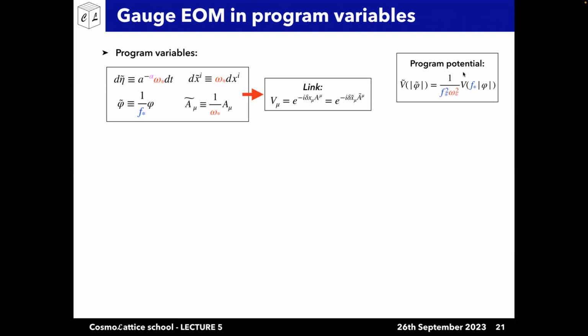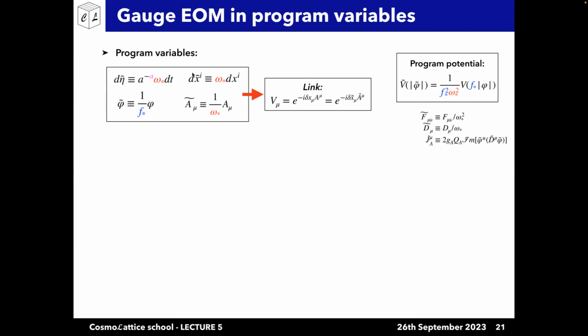And then we define the program potential in the same way. The program potential is the original potential divided by f star squared omega star squared. Then we also define the program variables associated to the field strength, the gauge covariant derivative and the current. For the field strength, it is the initial field strength divided by omega star squared, right?